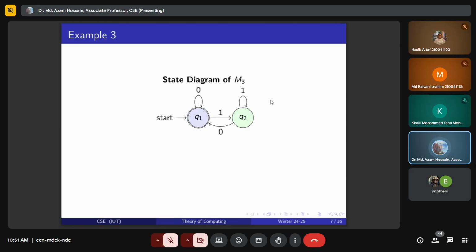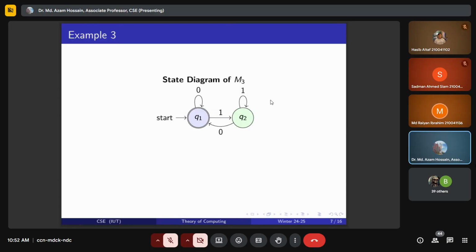What about this? Always ends with a zero. Always ends with the zero. Excellent. And anything else? Is zero a member of this language?